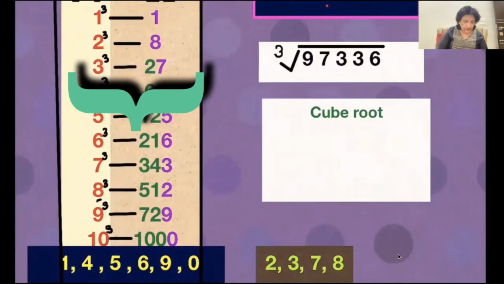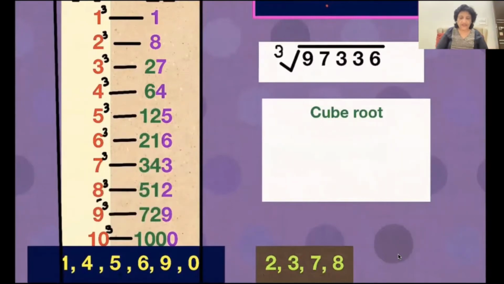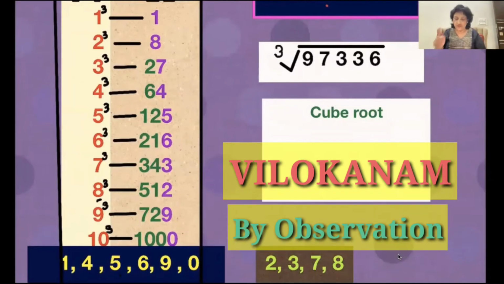And 3 cube has 7 at its units place, and 7 cube has 3 at its units place. So with this knowledge, let us start calculating the cube root of a number, and this method is known as Vilokanam. In Vedic mathematics, Vilokanam means just by observation.